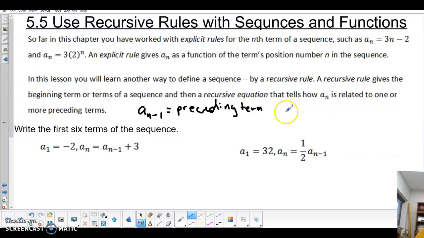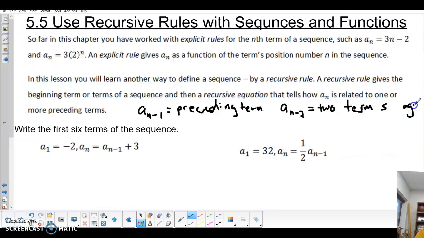And you might even see a sub n minus 2. Well, same thing. If a sub n minus 1 meant back up one term, then a sub n minus 2 means back up 2 terms, or 2 terms ago is the way that I like to think about it.